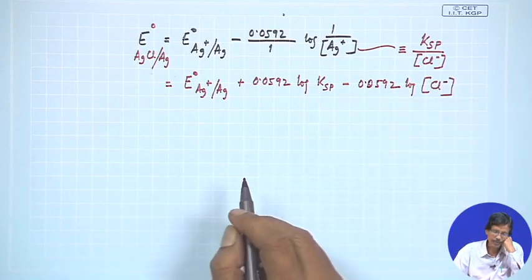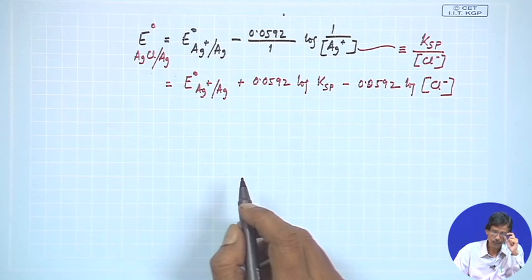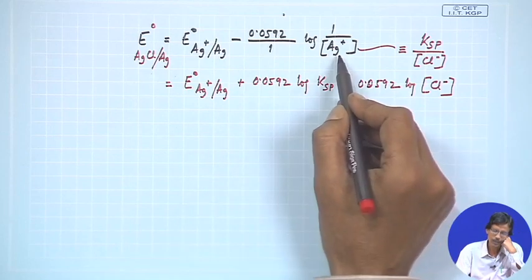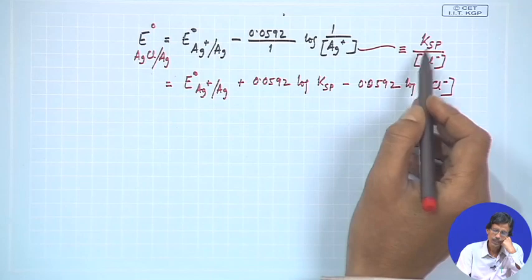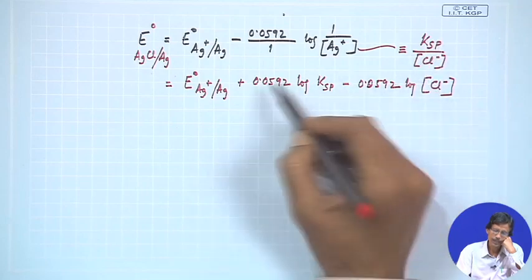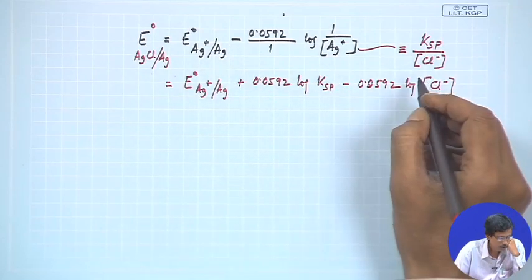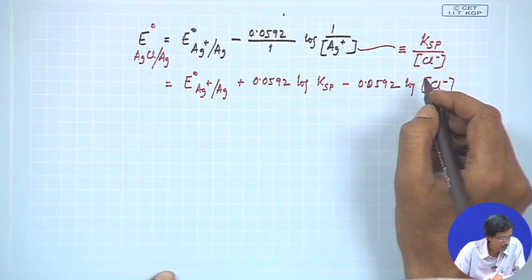That basically gives us the silver ion concentration equal to Ksp divided by the chloride concentration, so your sign is changing to a plus value.